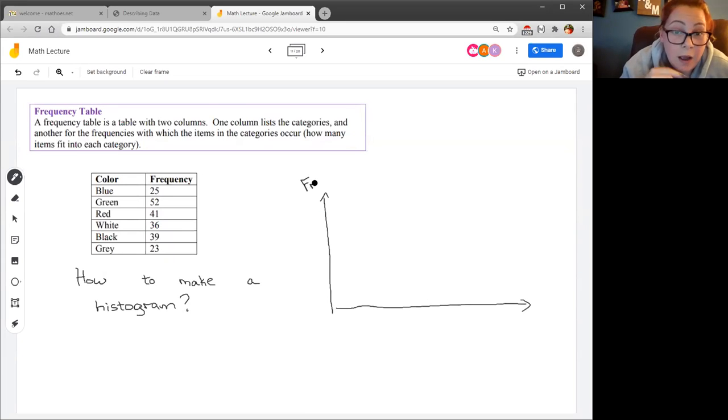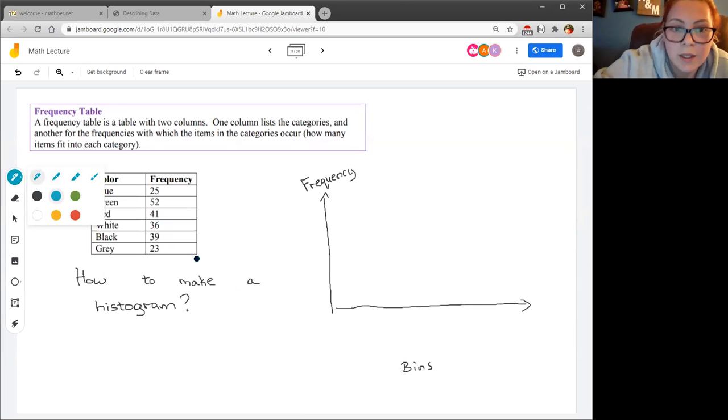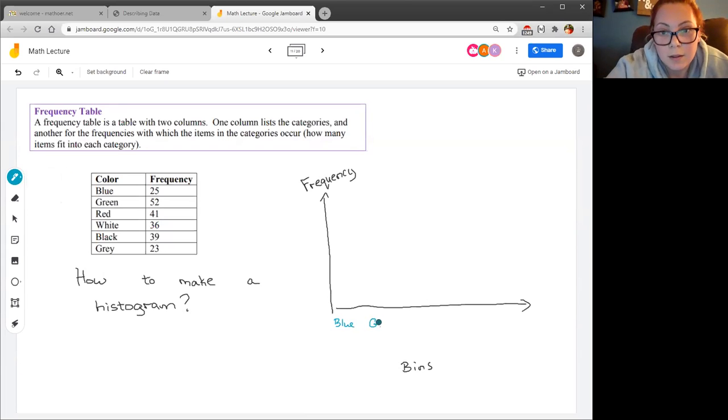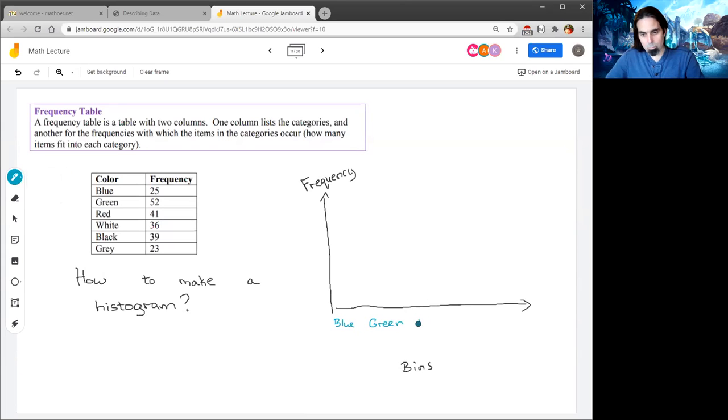And I think from looking at it, you would do 23 to 52 so that each one has its own bin, I guess is what you would call it. Right. The colors would become the bins. Okay.